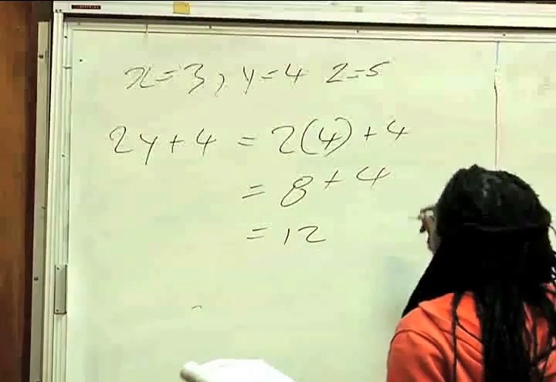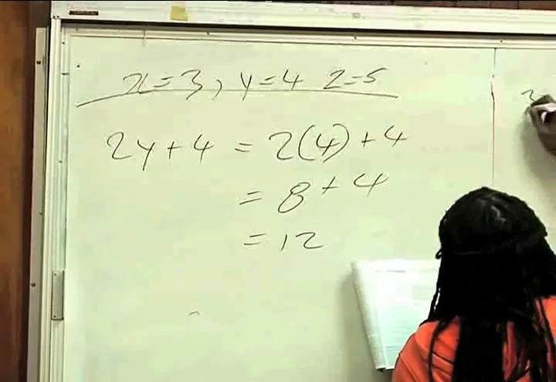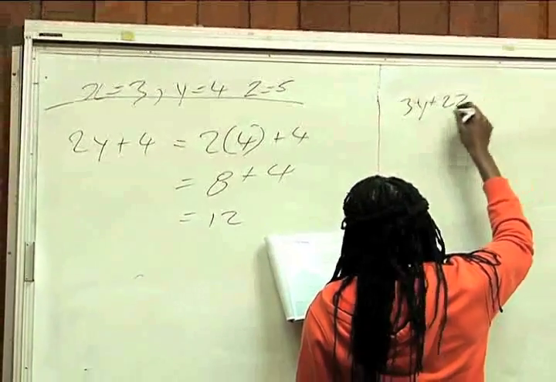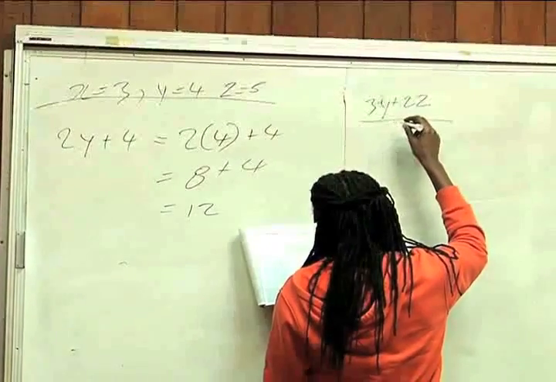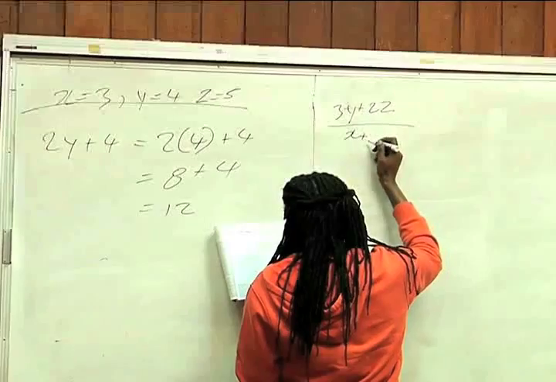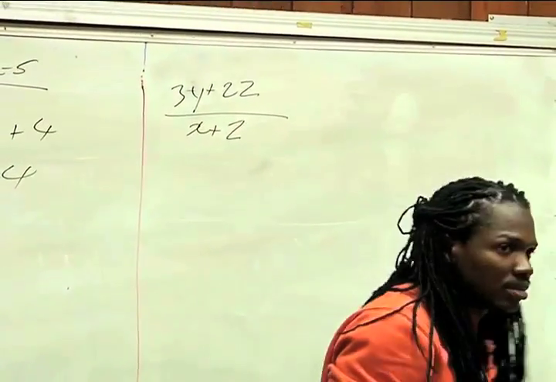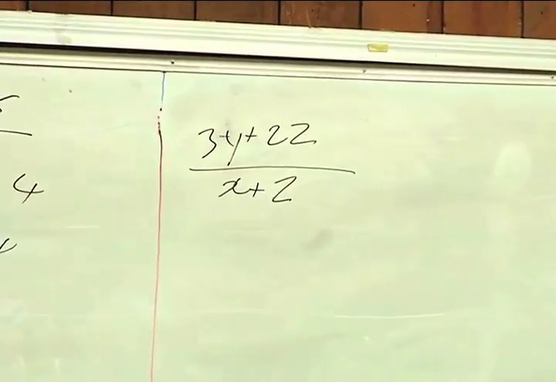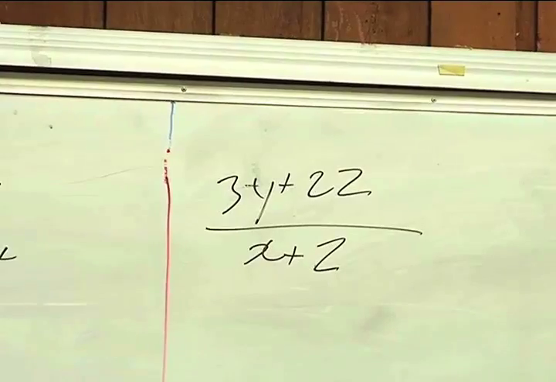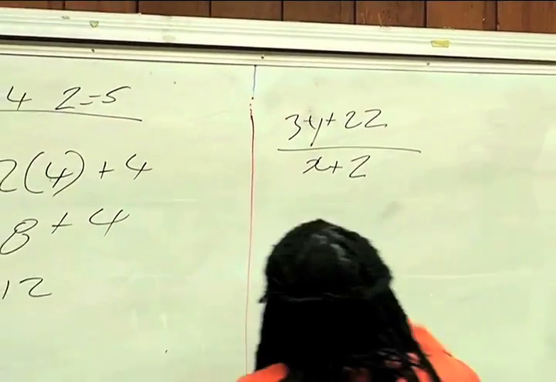Same thing here now. I use these same things. Find the value of 3y plus 2z. So you have to 3 times. Just look on the board, man. It doesn't matter if you don't get it right now. So that's 12 plus 10 equals.